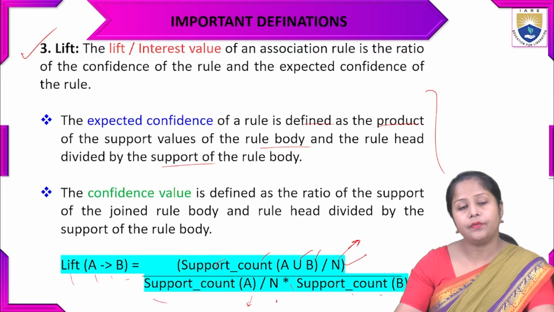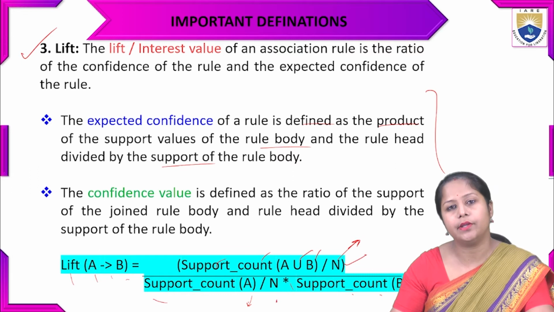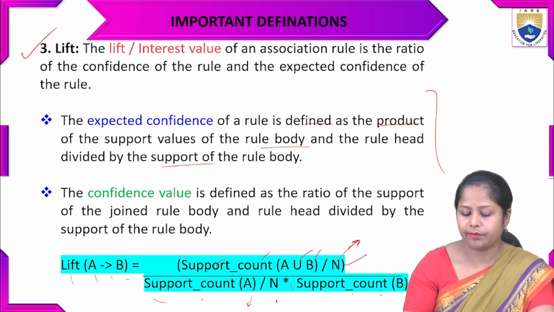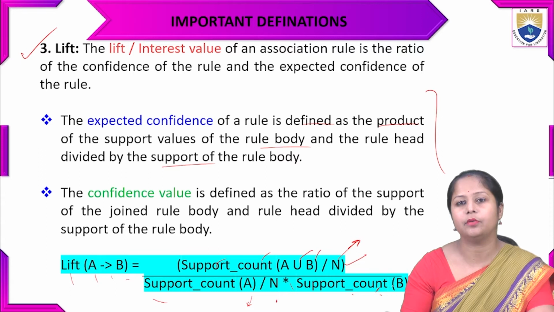So the lift we will calculate as support count of A union B divided by N, the number of transactions, divided by support count of A divided by N into support count of B.